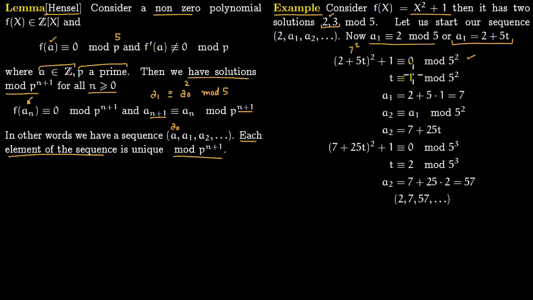So it is equal to 0. So t equals 1 satisfies our equation. So a_1 now becomes 7. This a_1 equal to 7 is precisely what is satisfying this equation. We have inductively constructed it so that it satisfies the equation.